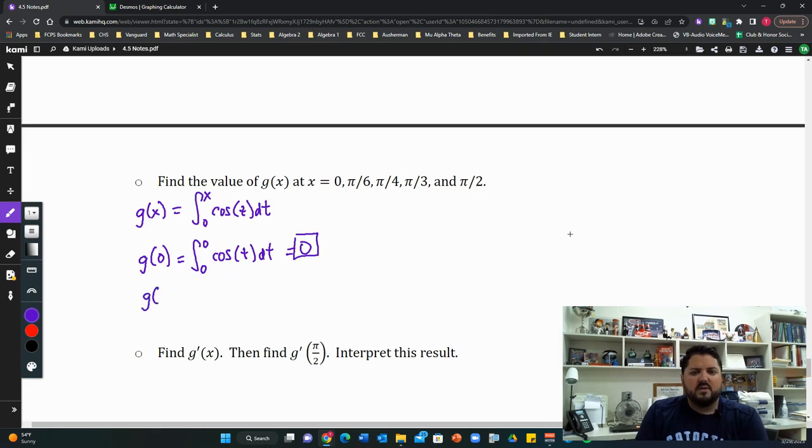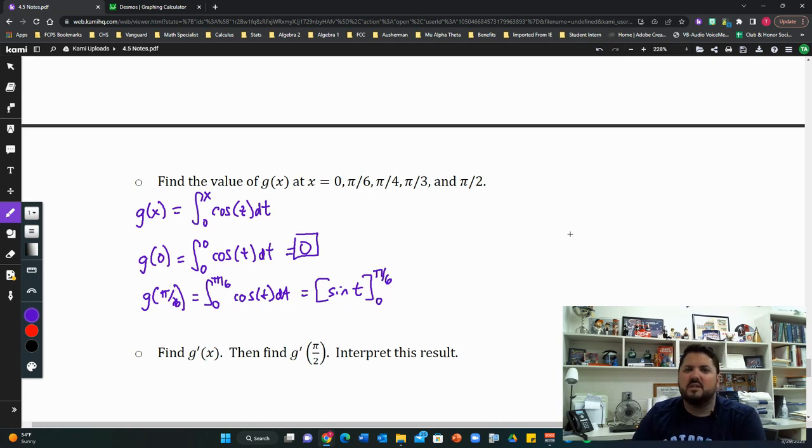Okay? Next one, pi over 6. What is the total area under the curve cosine of t from 0 to pi over 6? That one we can actually do the calculus and evaluate. So let's do that. Integral of cosine is sine, and we're going to go from 0 to pi over 6.